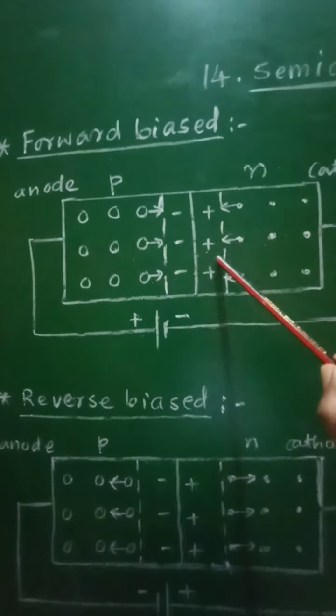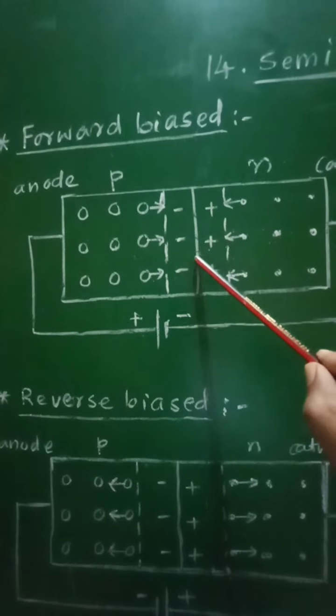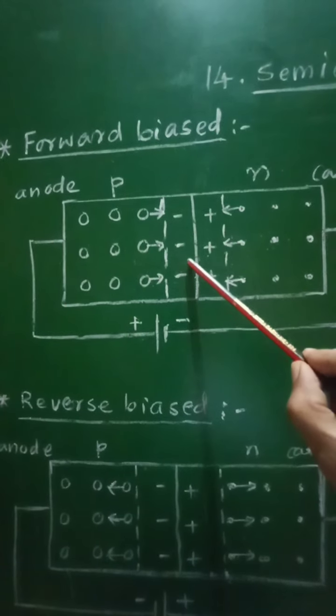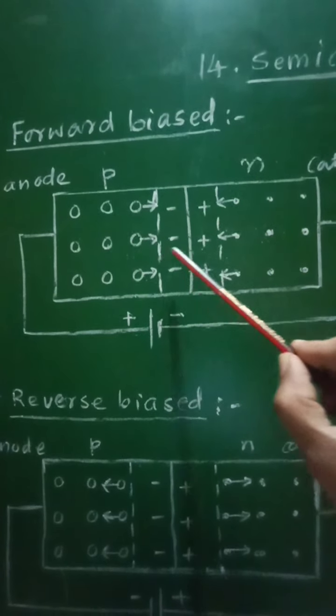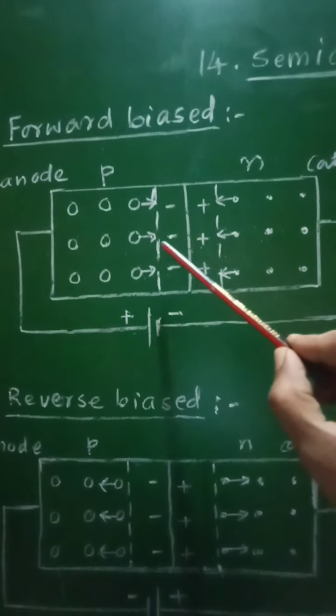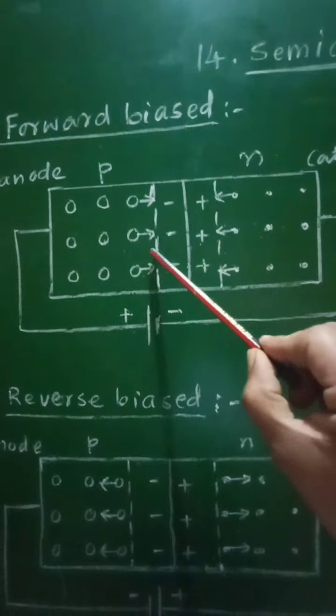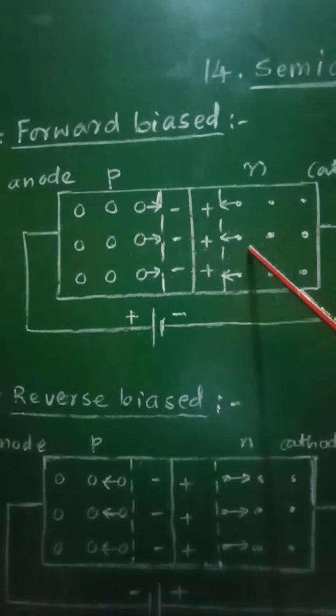When the diode is forward biased, it will offer a low resistance path for the flow of current, and hence a large amount of current will pass through the diode.